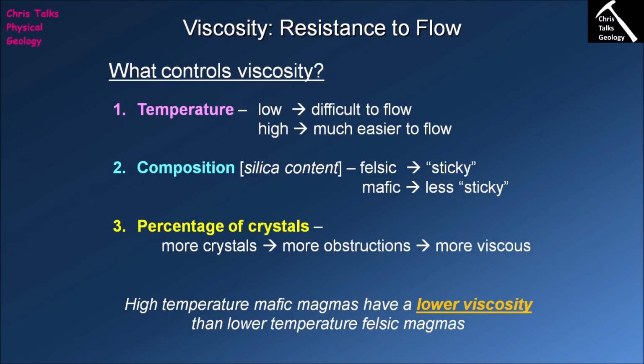Typically higher temperature magmas will often have a temperature which is above the temperature at which crystals start forming, so they will often have relatively few crystals in them, and that means once again they can flow more easily. In contrast, a lower temperature magma, something like a felsic magma, will typically have a temperature at which crystals can start forming, so you're going to have a higher percentage of crystals in your magma, and this is going to make it more difficult for your magma to flow.